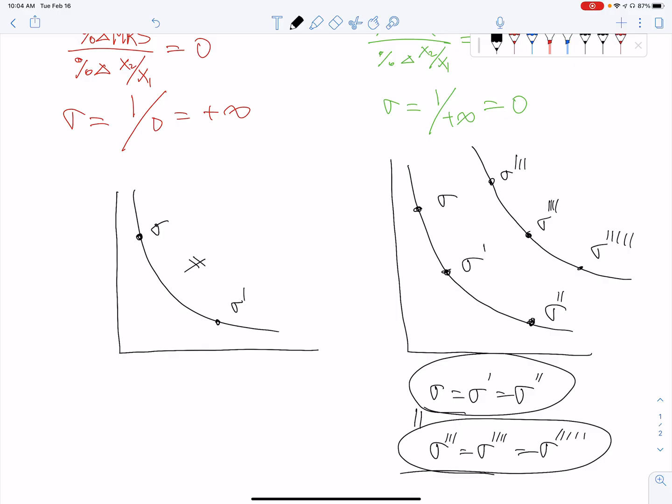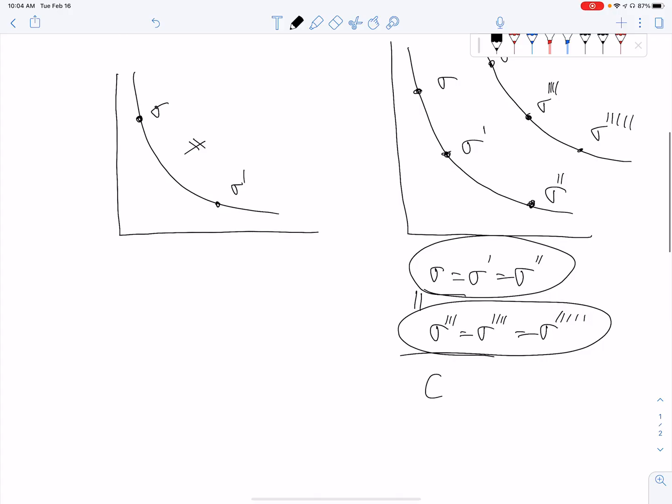That kind of set of indifference curves is said to have a constant elasticity of substitution. Simply, we sometimes call it CES preference. Remember that preference is not represented by a single indifference curve.